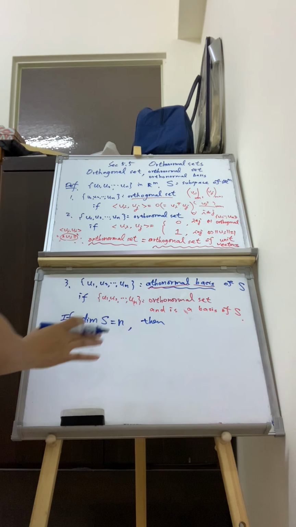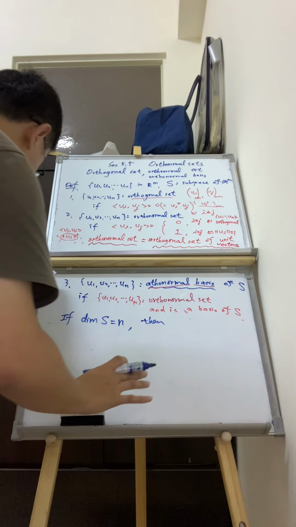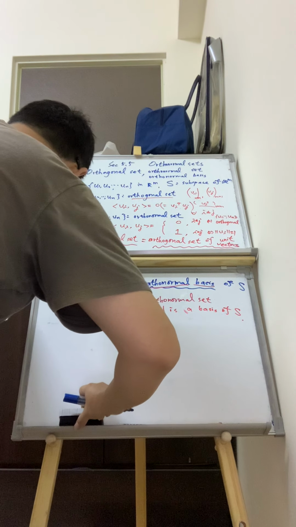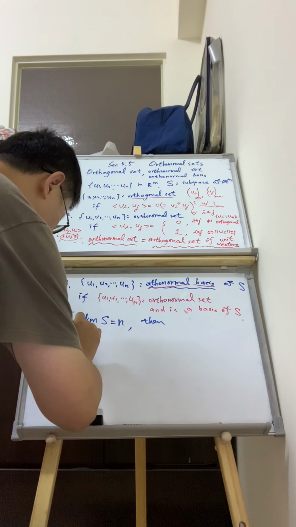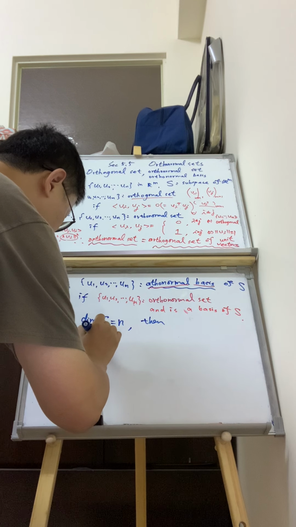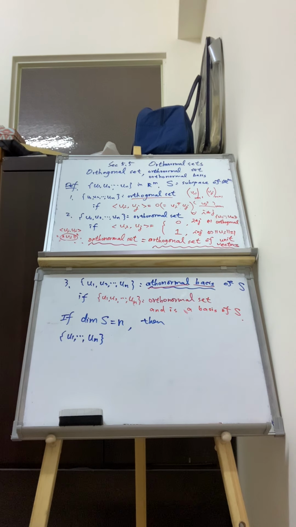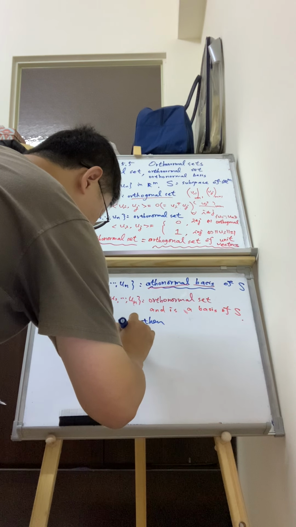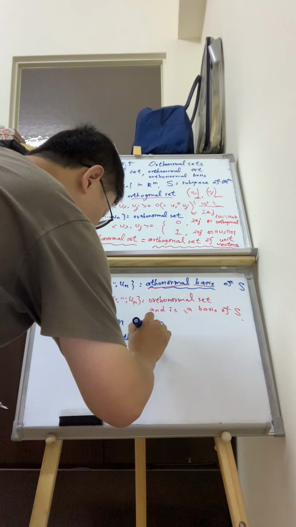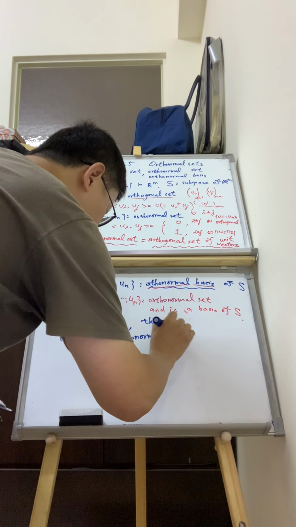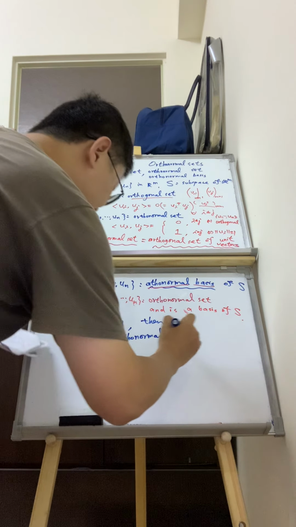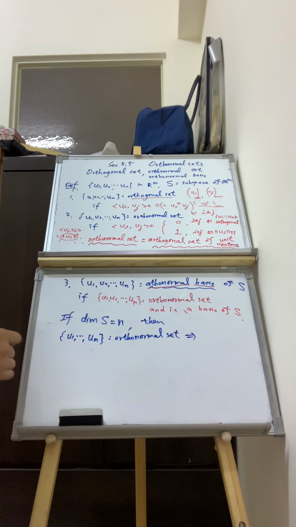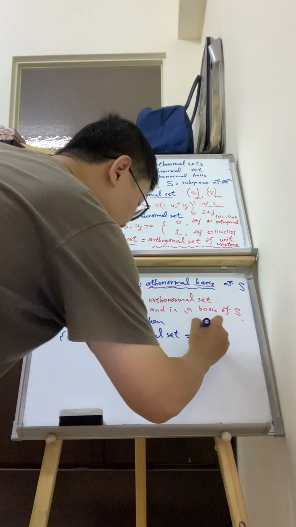If we have a set that contains n vectors and it's an orthonormal set, then it's exactly an orthonormal basis.